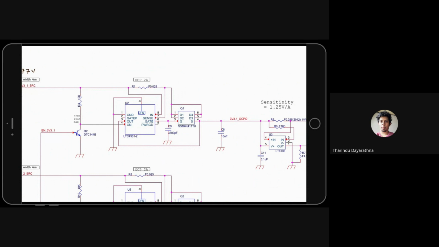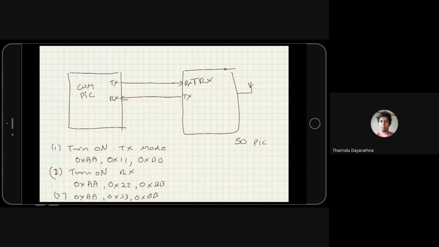Before going to this one, maybe I will explain about the MOSFET also a little bit: how to turn on and off circuits using a MOSFET. This will be helpful not only here, there will be a few things in the session. So for that, it's better I explain the MOSFET, not OCP.